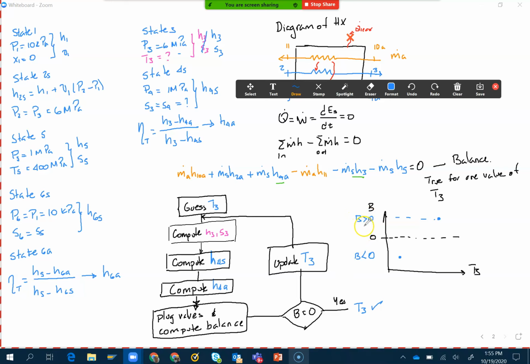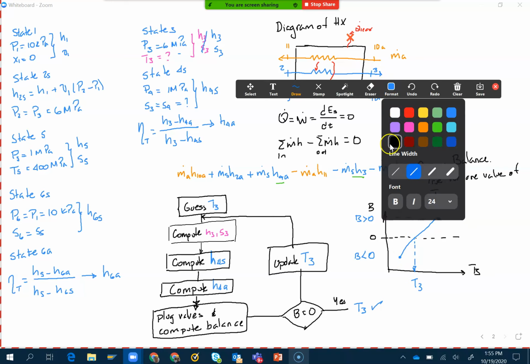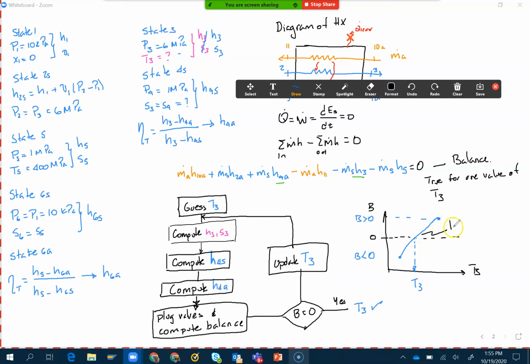Once we have these two identified, what we are going to do is an interpolation, and this will be our T3. For that to happen, we need to have a point that is below and a point that is above. So we are bracketing the solution.